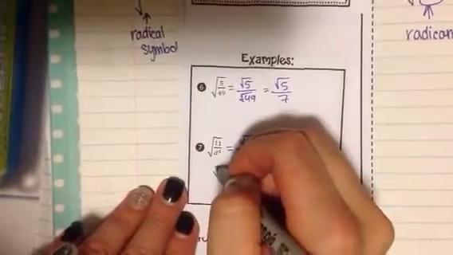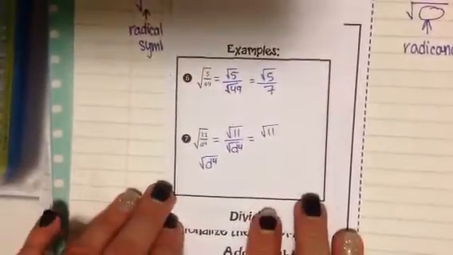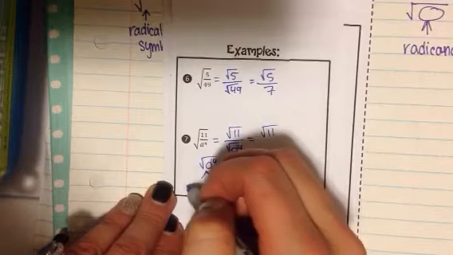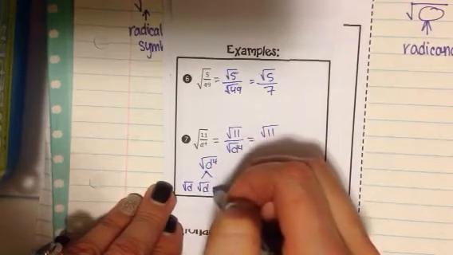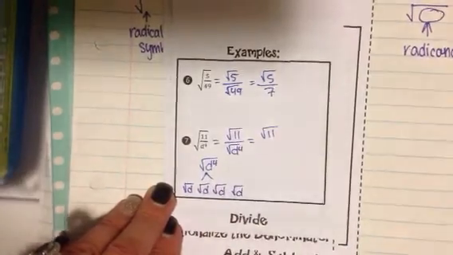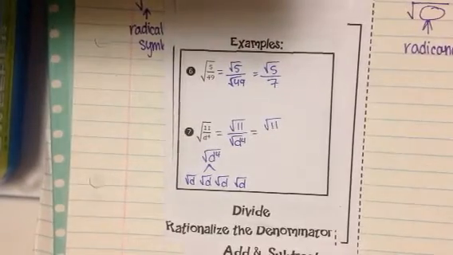If these exponents are still kind of confusing you with these radicals, we can go ahead and try to make it look like the factor tree like we did earlier. I can break this up into the square root of d, square root of d, times the square root of d, times the square root of d. I have 4 d's. So again, I can go ahead and circle my pairs.